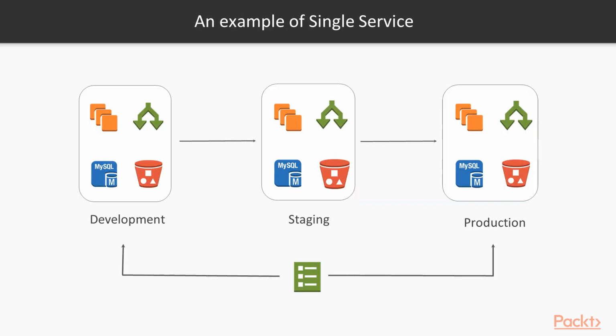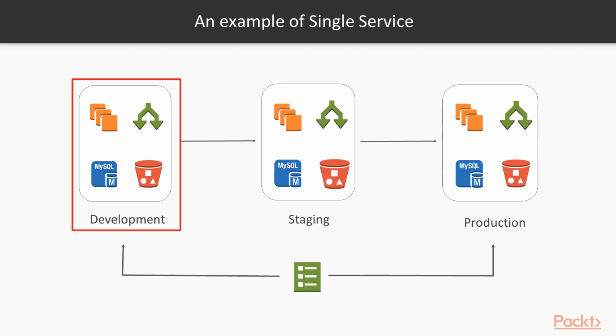We are taking an example of a single service in the development environment. Within this, you have a few EC2 instances, a load balancer, a MySQL RDS database, and an S3 bucket. This is somewhat like a three-tiered architecture. So there are four services that we are using.